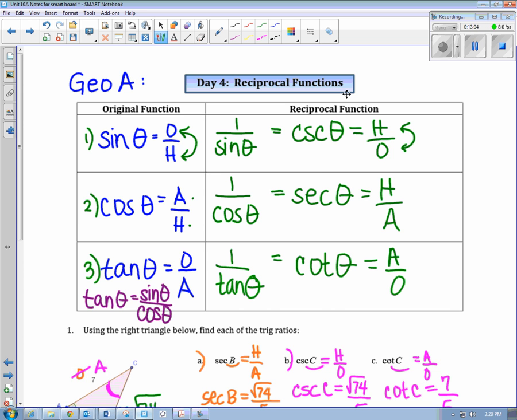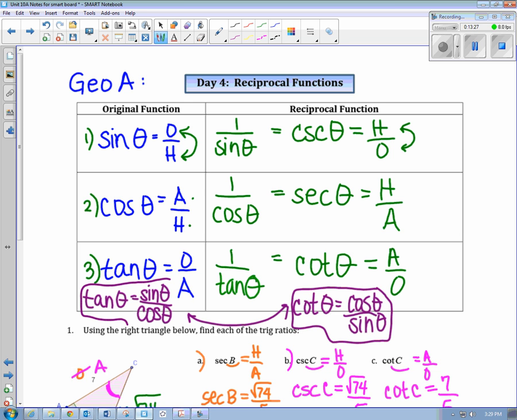So as a rule, tangent is equal to sine over cosine. With that being true, if we take a look at what cotangent is, if it's the reciprocal, then we know that cotangent must be cosine theta over sine theta. So this is another way for us to define the tangent and the cotangent when we're looking at that.